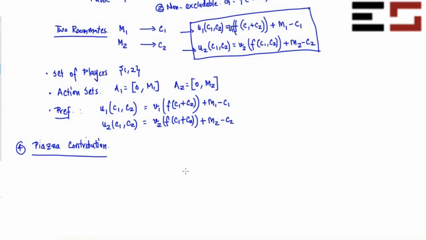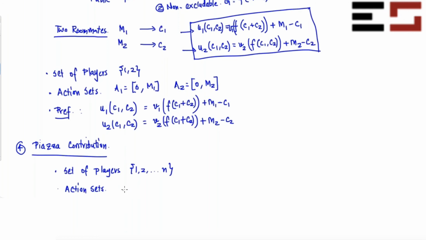So we would like to analyze this scenario, model it as a game, and then predict what will happen. So for Piazza contribution, we have a set of n players. Basically this class is the set of players. The action sets are basically the effort.